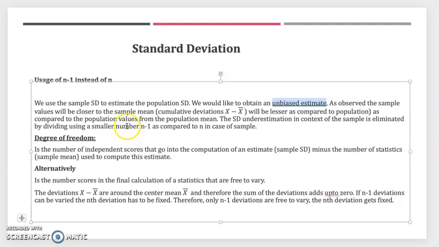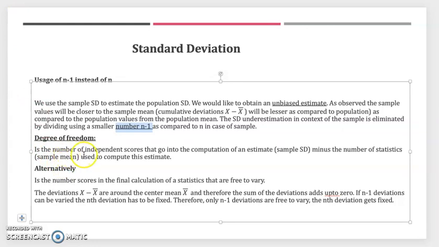Observed sample values will be closer to the sample mean, so the sample tends to underestimate the variance. In order to better describe the population standard deviation using the sample standard deviation, we divide by n minus 1, a smaller number compared to n. That n minus 1 is what we call the degrees of freedom.